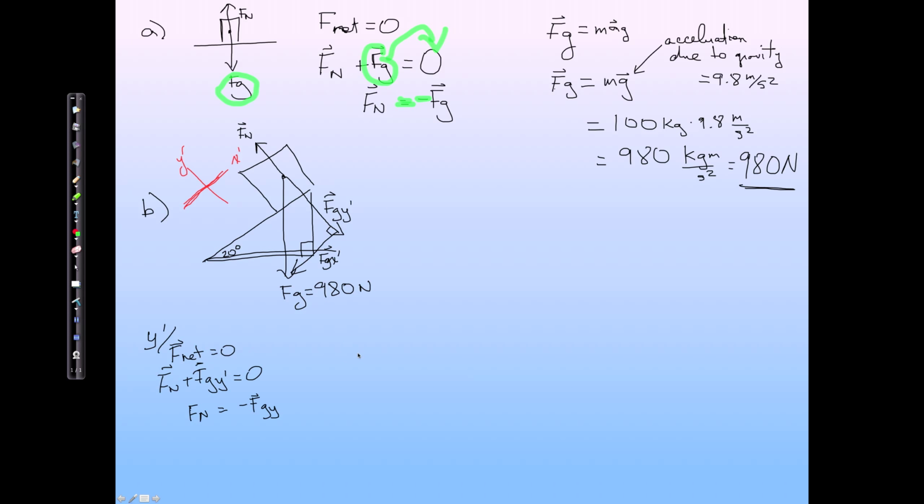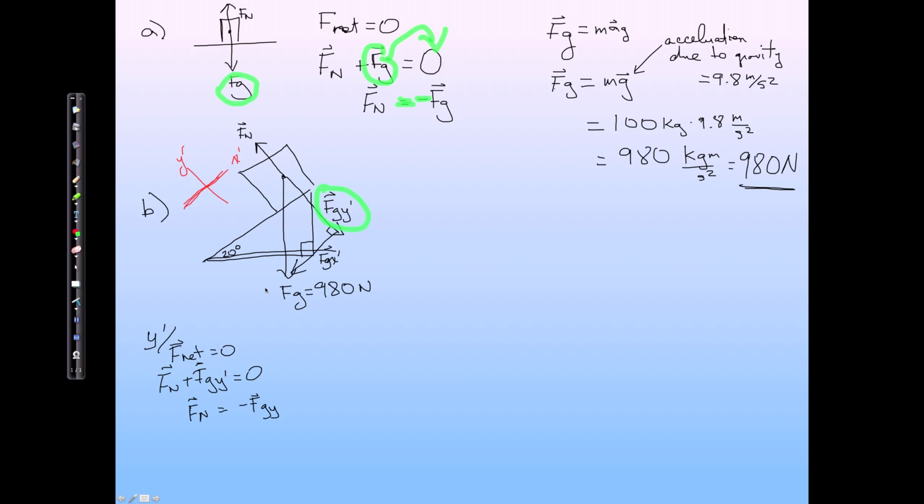Good. So we know that the normal force is equal to this y prime component of the gravitational force. So if we find the magnitude of Fgy prime, then Fn will have the same magnitude. How do we do that?